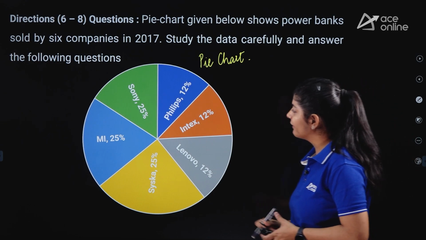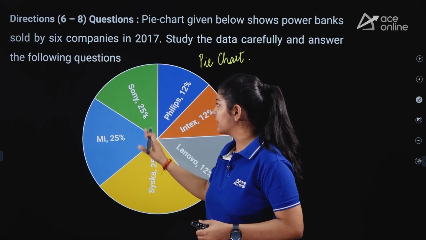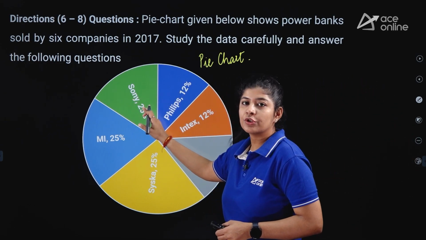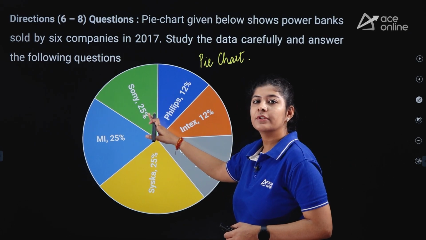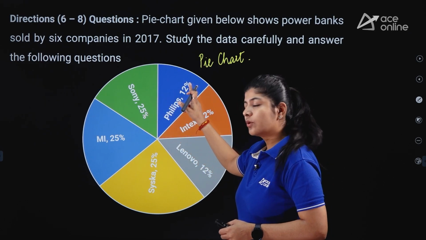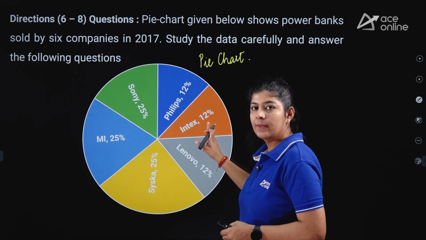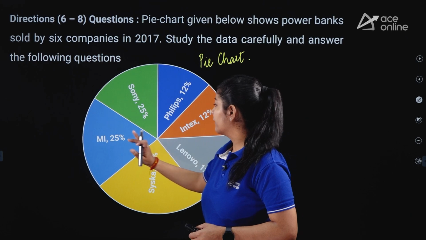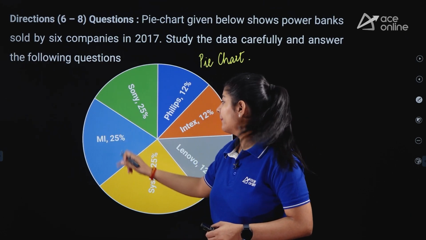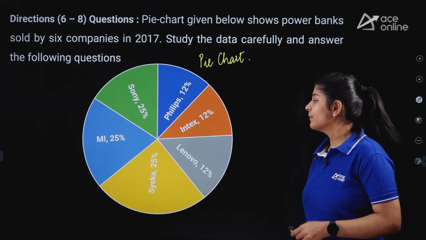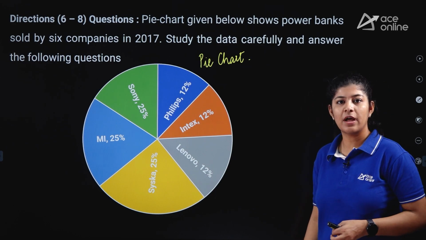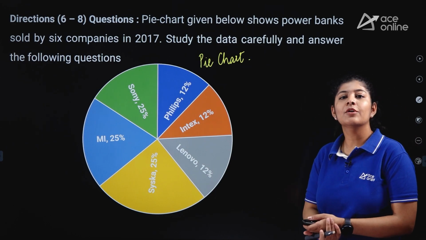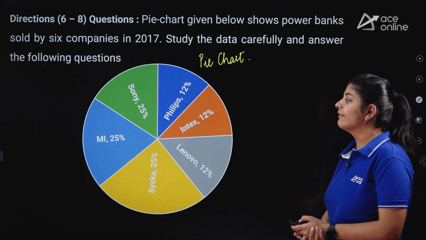So here we have different companies. Sony sold 25% of power banks, Philips 12%, Intex 12%, Lenovo 12%, Sky 25%, and MI 25%, right? So this is our data, and on the basis of this data we have our questions.